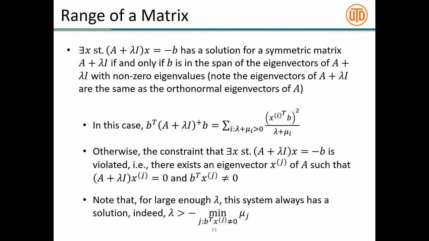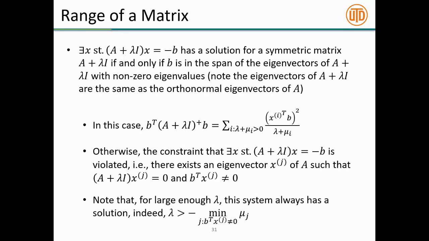So the constraint here is that minus b can't have any components along an eigenvector of A plus lambda I, which is just an eigenvector of A, if the corresponding eigenvalue is equal to 0.